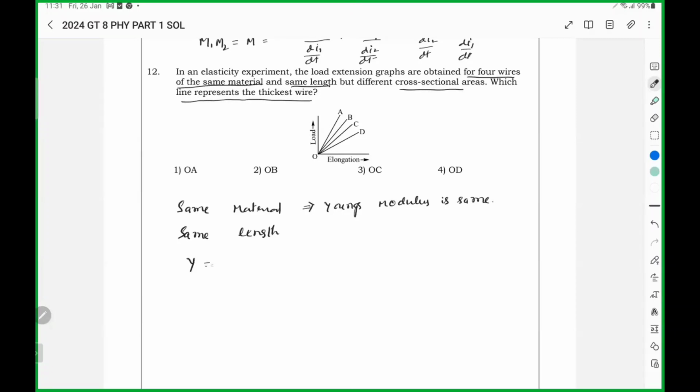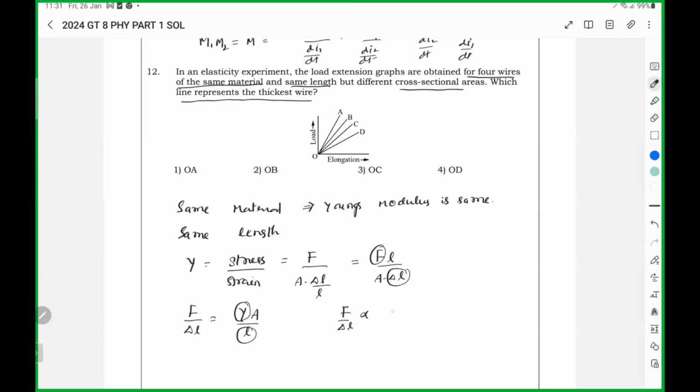Young's modulus is stress by strain. So force per unit area, change in length per unit length. Right? So here we want elongation, which is this load: F by delta L is equal to YA by L. So for all wires, Y is constant, L is constant. F by delta L is proportional to cross-sectional area.